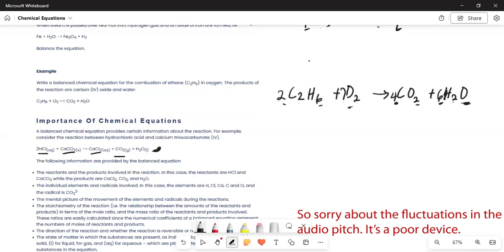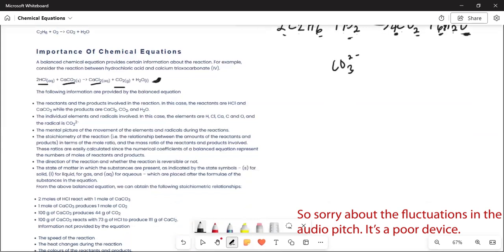It also tells us the individual elements and radicals involved. In this case, the elements are hydrogen, chlorine, calcium, carbon, oxygen, and the radical is this trioxocarbonate(IV). As trioxocarbonate(IV) is a radical, it behaves as a single unit, even though it's a group of atoms. Then it also gives us the mental picture of the movement of the elements and radicals during the reaction.